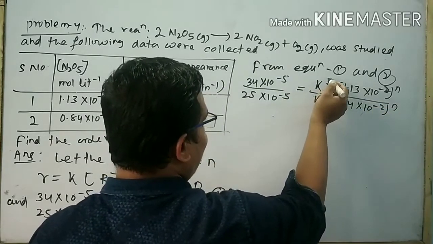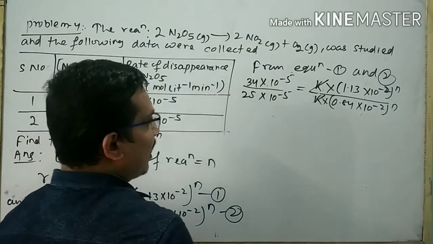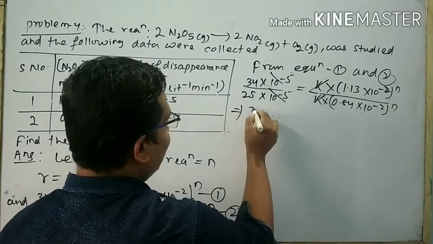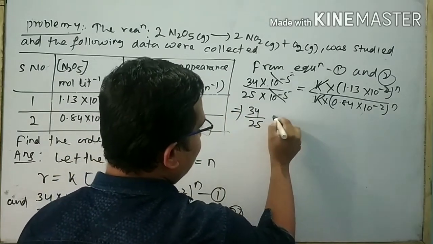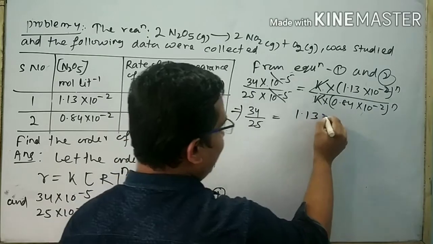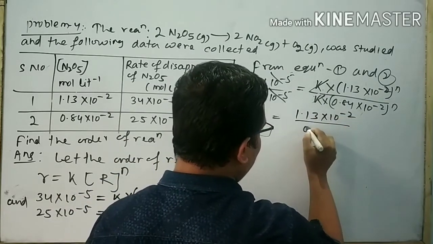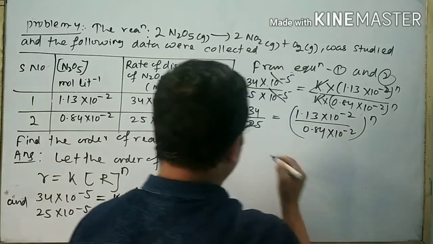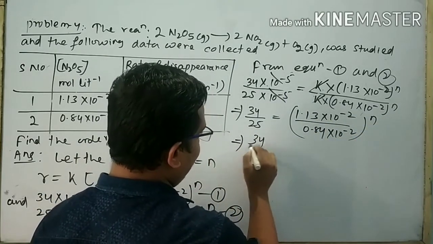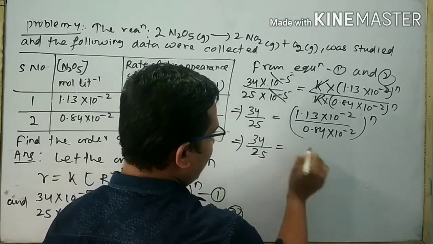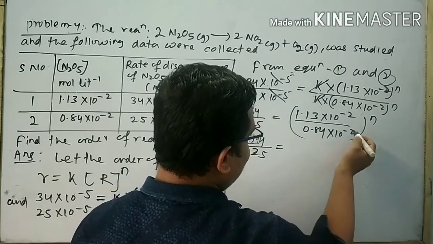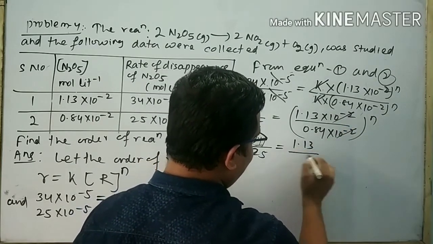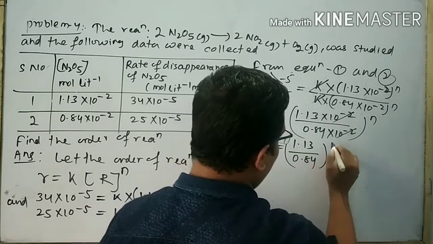Now cancel the K. Now I can cancel the 10 to the minus 5 and finally I can write 34 by 25 is equal to 1.13 into 10 to the minus 2 divided by 0.84 into 10 to the minus 2 to the power n. Next, 34 divided by 25 equals, cancelling the 10 to the minus 2, I can write 1.13 divided by 0.84 to the power n.